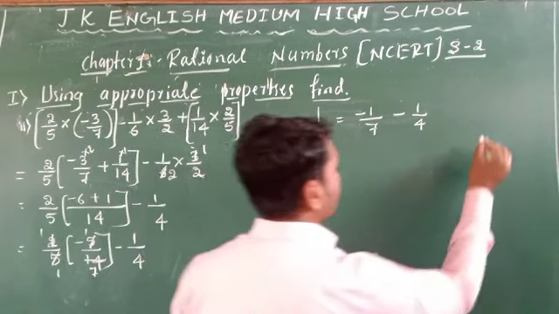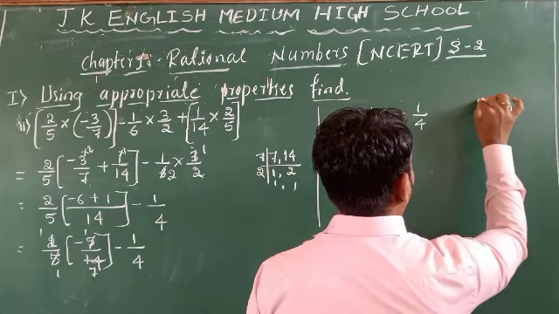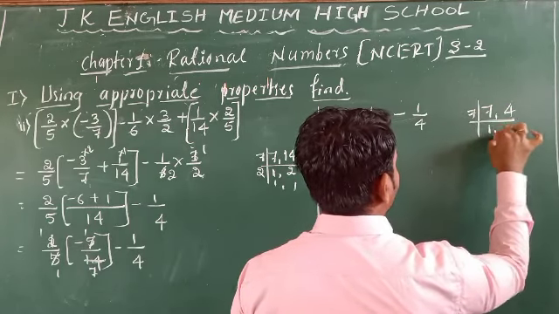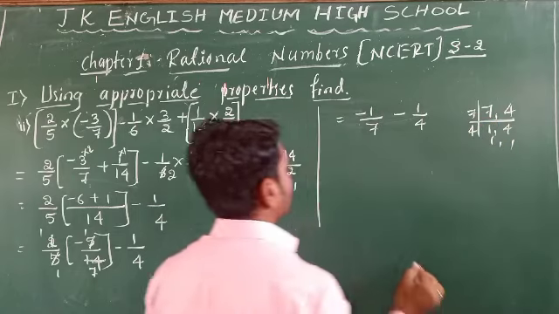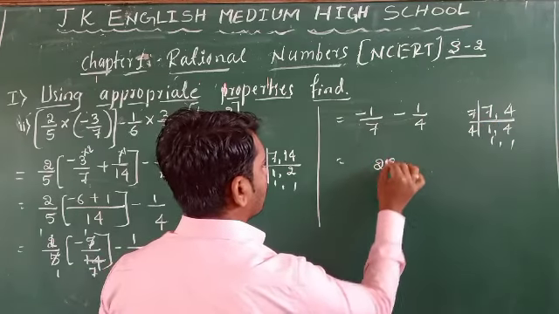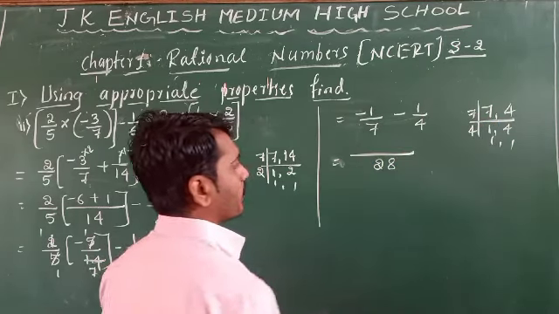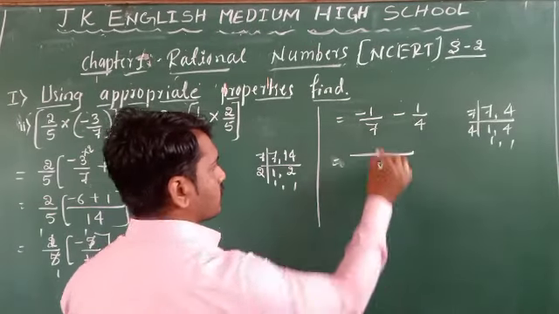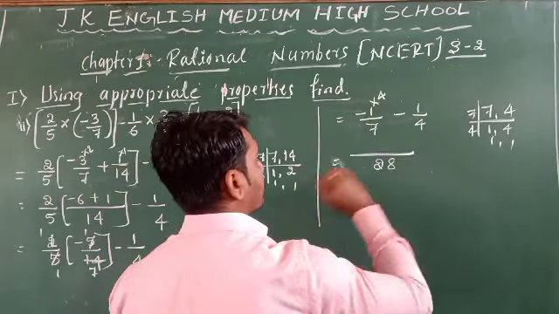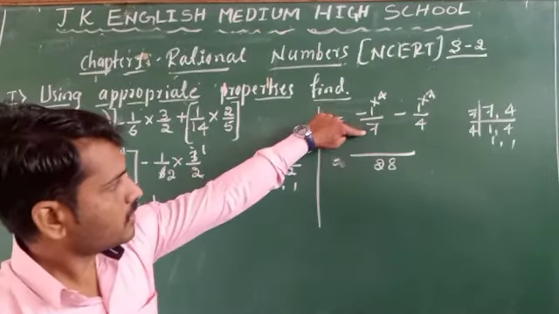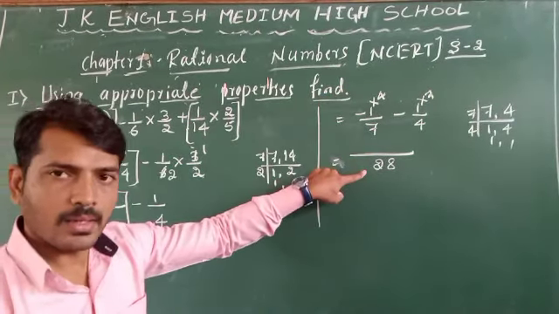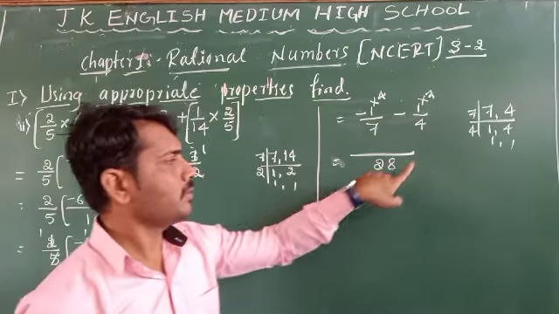Later on, take LCM. 7 and 4. 7 ones are 7, 4 as it is. 4 sevens are 28. 28 is our LCM. Next, 7 fours are 28. 4 sevens are 28.